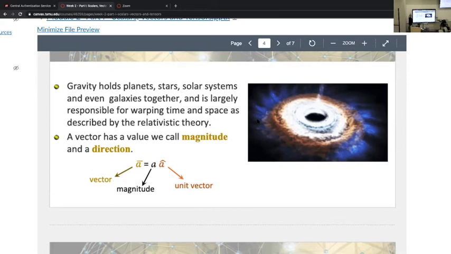And how do you calculate the unit vector? Exactly from here. So for example, if I know this vector A, and if I know its magnitude, if I divide this vector by its magnitude, it gives me the unit vector.